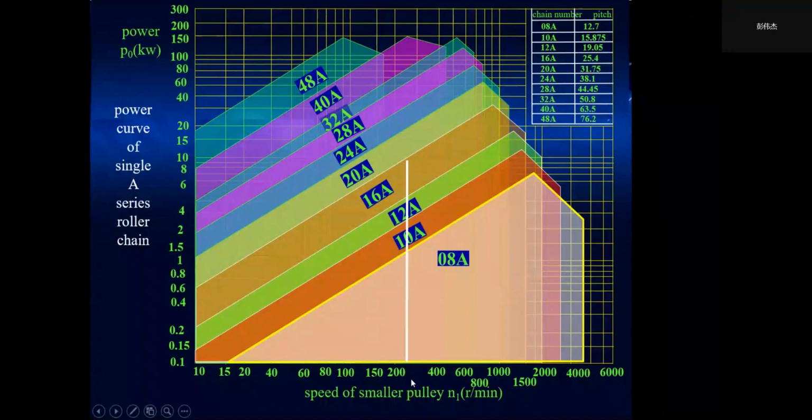Then we find the coordinates of the point, and the point is located there.